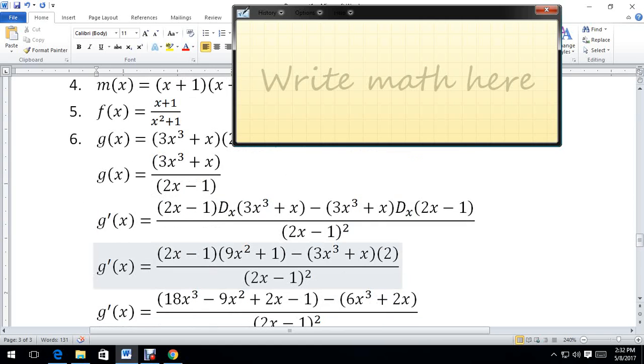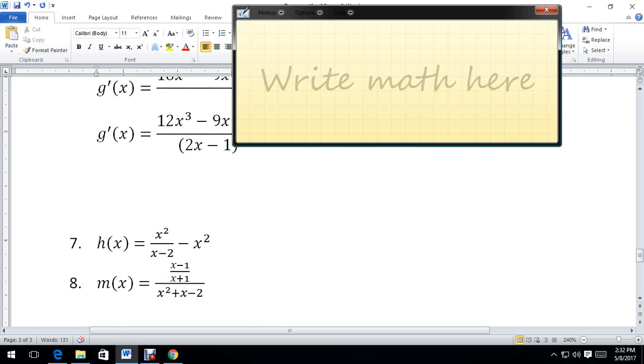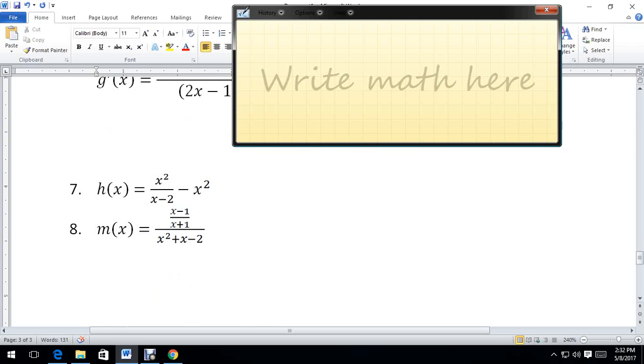Okay, so perhaps we could try another example. So let's try number 8 here. Okay, so m of x is equal to the numerator is composed of a fraction, an expression. This makes it more complicated.